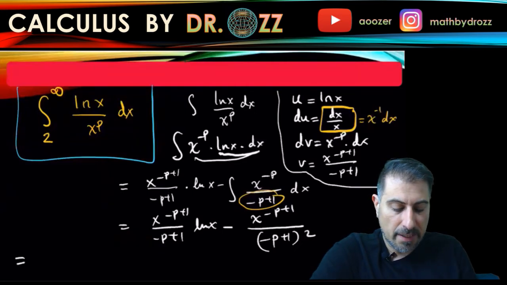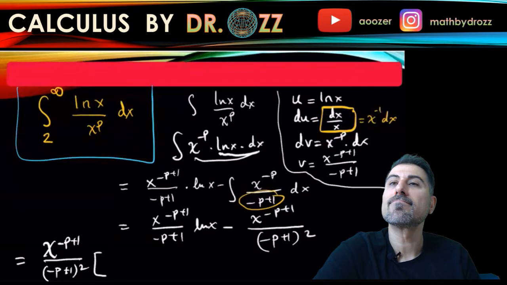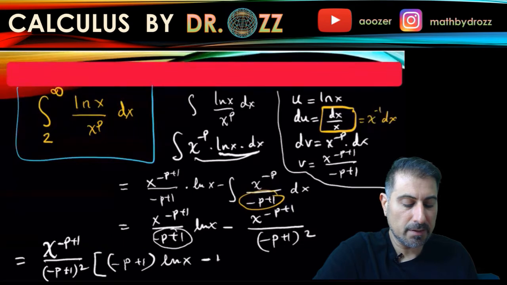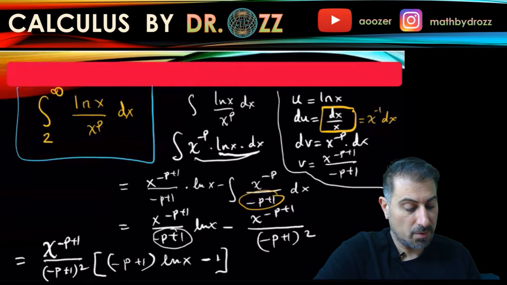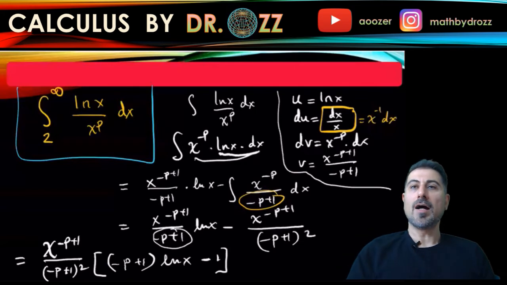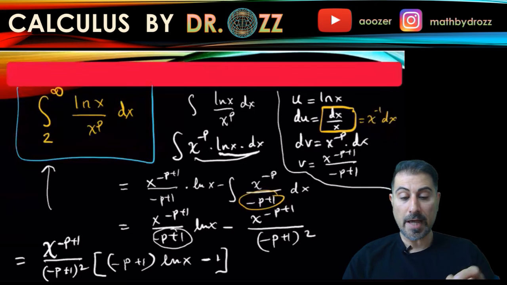If I can factor out x to the minus p plus 1 over minus p plus 1 squared. So essentially, this one doesn't have any square, so that means I should multiply this by negative p plus 1, and I should keep ln x, and this is exactly what I factored out, so it's minus 1. So I think this is the best form of the indefinite integral. So I can go ahead and consider this integral now.